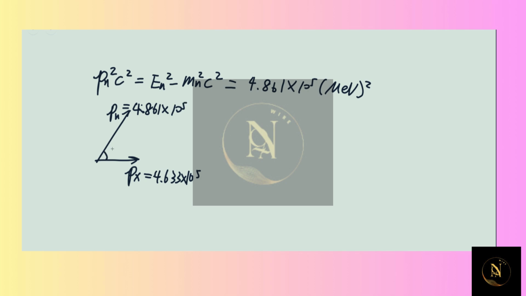Then we can find theta. Theta is equal to arc cosine, because this is a cosine angle, of the square root of 4.633 over 4.861.